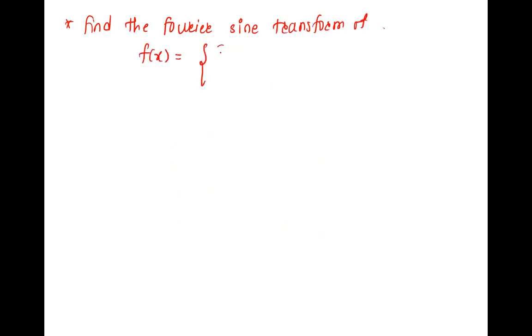Find the Fourier sine transform. Same question again. Find the Fourier sine transform of f of x is equal to sine kx in 0 to a, that is 0 less than or equal to x less than or equal to a, and 0 when x is greater than a.